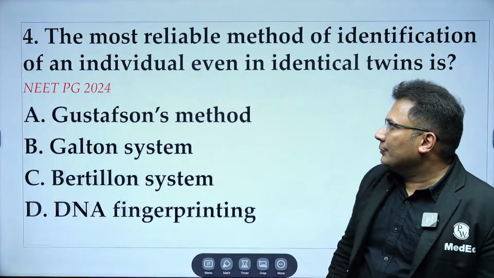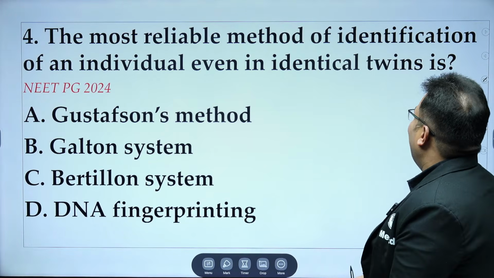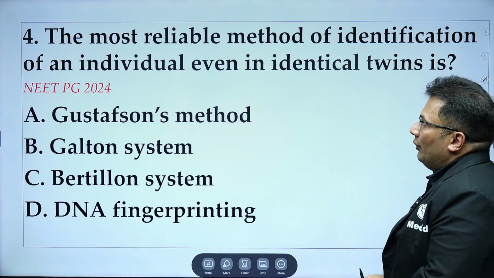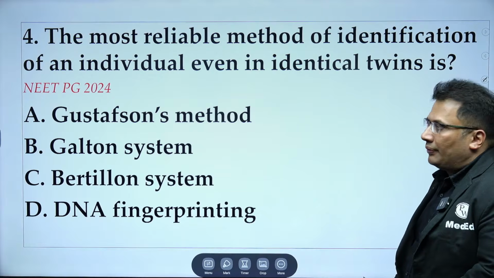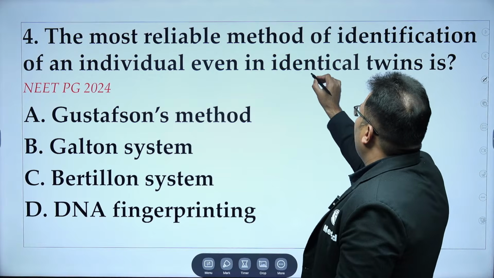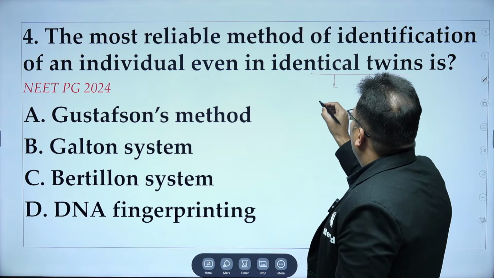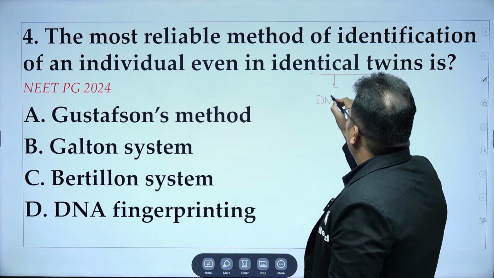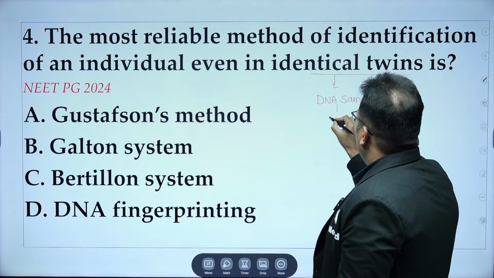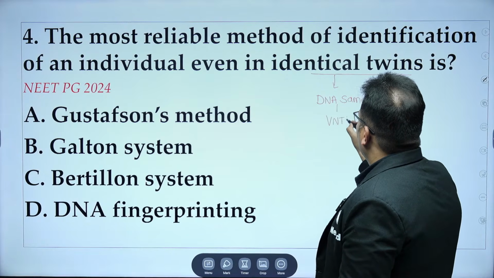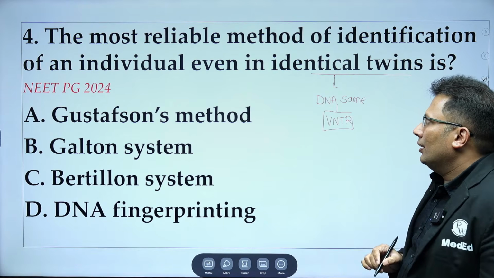Fourth question. Most reliable method of identification of an individual even in identical twins. A good question. In identical twins, the DNA fingerprint is the same. That means the VNTR, variable number tandem repeat, is the same.